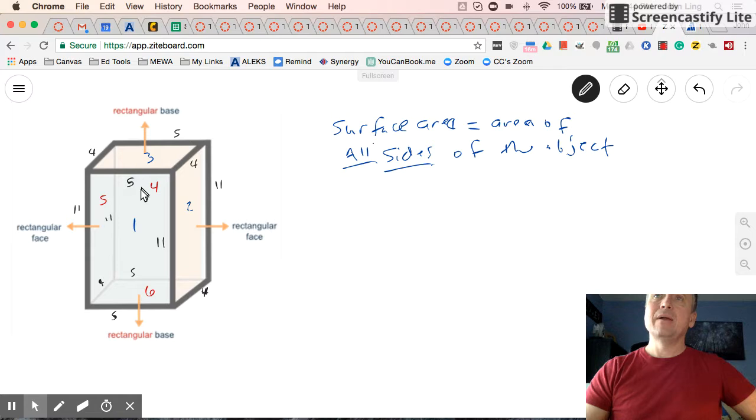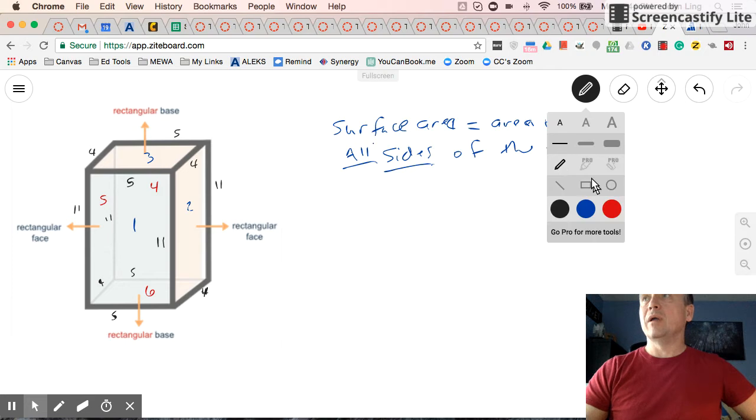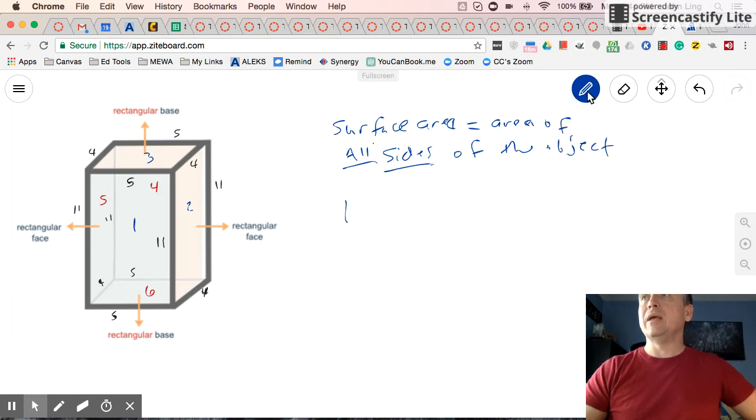We'll call this the length and the height, or you could call it the length and the width. It doesn't matter. It's just one side times the other side. So number 1 would be 5 times 11, which is 55.